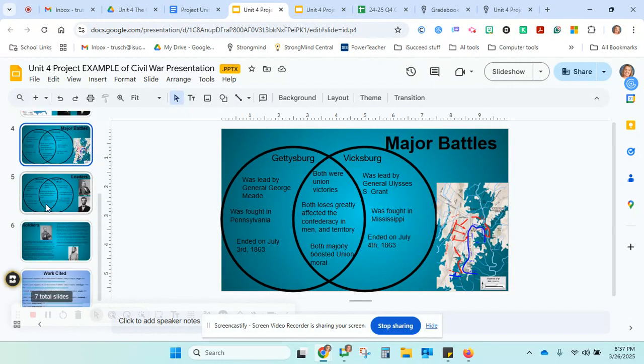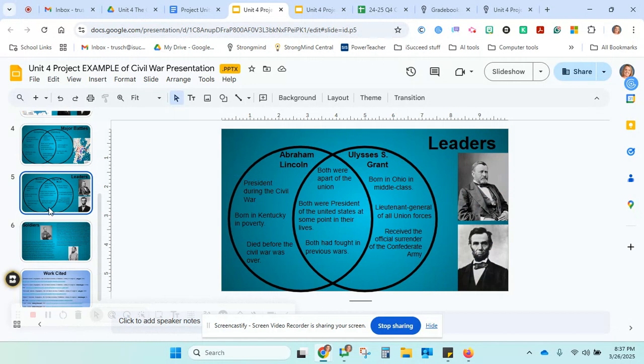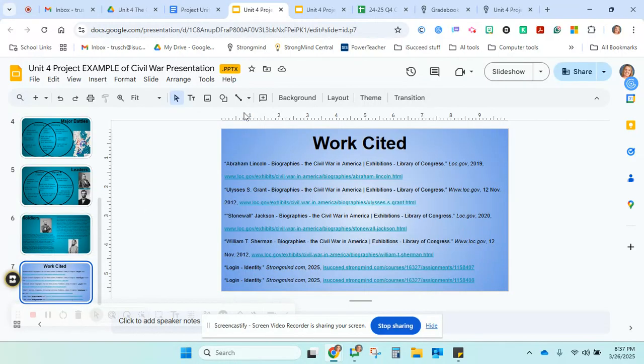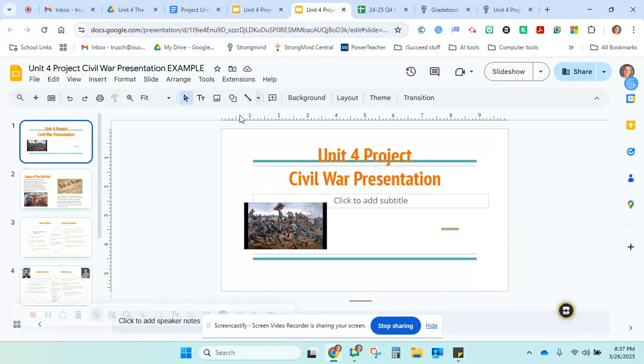Here's the major battles. Here's the leaders. We got Ulysses S. Grant and Abraham Lincoln. Here's the soldiers. They use Sherman and Stonewall Jackson, which is not my favorite, but anyway, there you go. There's the works cited. So that's pretty good.